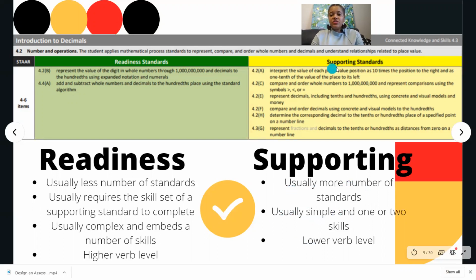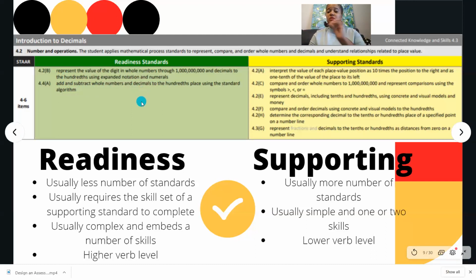I'm going back to supporting. Interpret, compare and order. Representing, compare and order. Determine and represent. That's a lot of Bloom's taxonomy 1 and 2 levels, your understanding and your remembering. However, when you say represent the value, that goes into analysis and application. When you're saying add and subtract whole numbers and decimals.